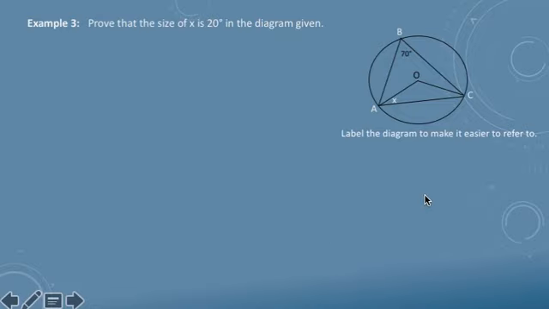All right, what do we know? Well, we can use what we learned in the previous proof to prove our new statement. So we've already proven that the angle at the center is double the angle at the circle, subtended between the same points. So AOC must be 140. We know that because an angle at the center is double the angle in the arc.